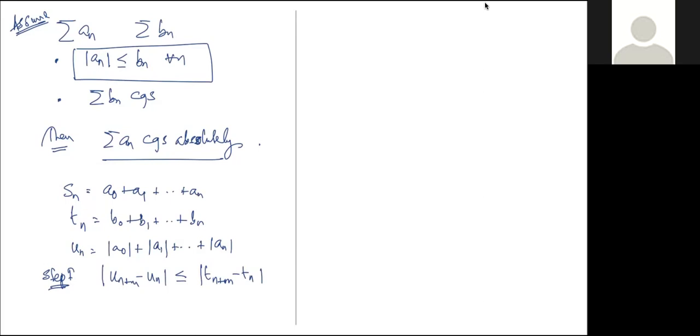Then by the property that we did at the start of the class, mod of an is convergent. Yes, you can use this.